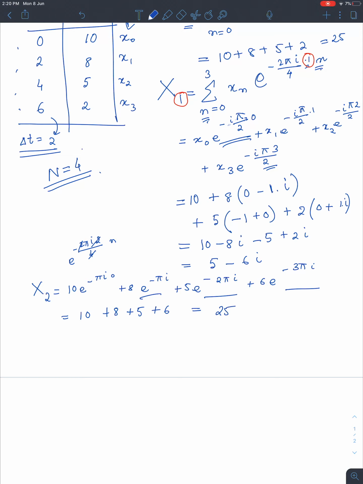Now what do we have for X3? That is 10. Here the exponent is e to the power minus 3 pi i by 2 into n, right?